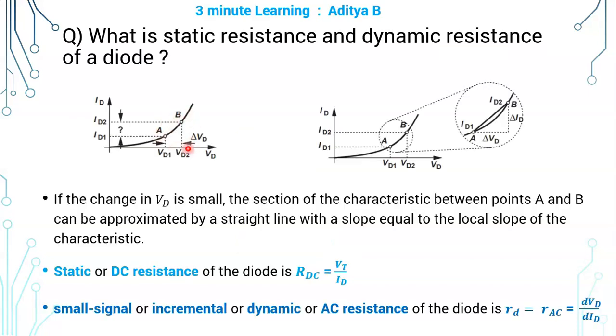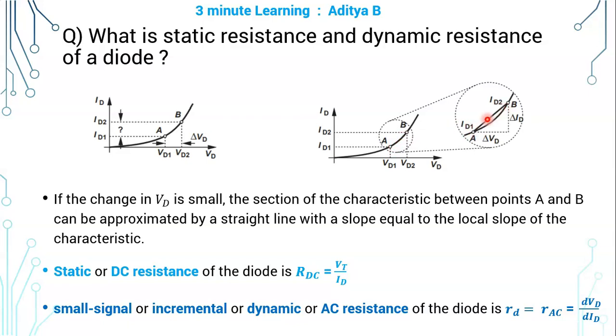If you enlarge this section, we can see that we can approximate the exponential curve in between these 2 points A and B by a straight line. Strictly speaking, this is an exponential curve, but we choose the 2 points A and B in such a way that they are nearly placed. For example, for a 20 millivolt change in drop across the diode, these two Q points A and B are very closely spaced.